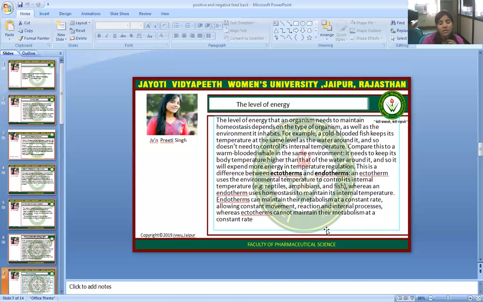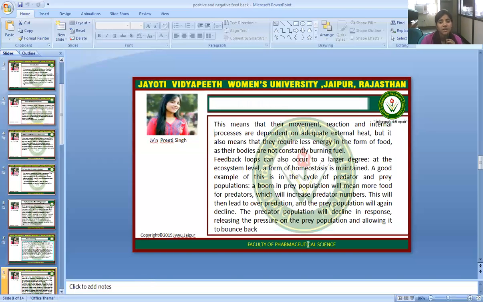Endotherms can maintain their metabolism at a constant rate, allowing constant movement, reaction, and internal process, whereas ectotherms cannot maintain their metabolism at a constant rate. So this means that their movement, reaction, and internal process are dependent on adequate external heat, but it also means that they require less energy in the form of food as their bodies are not constantly burning fuel.